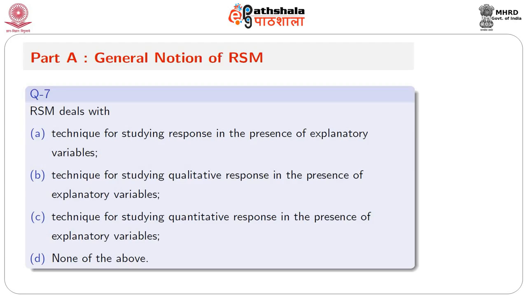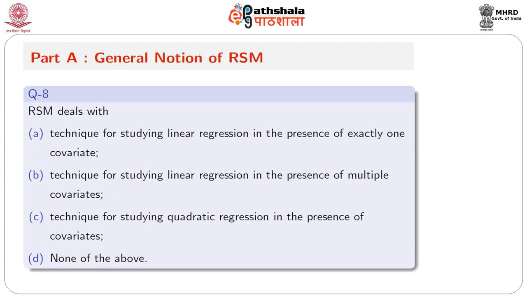Yes. Okay, next. Here the question is, RSM deals with a technique for studying linear regression in the presence of exactly one covariate, or a technique for studying linear regression in the presence of multiple covariates, or quadratic regression in the presence of covariates, or none of that.